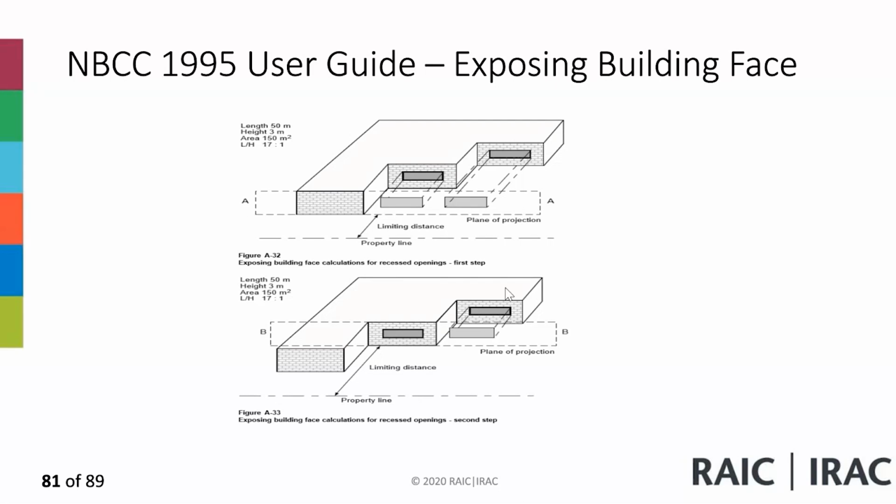So depending on whether your building's floor area is separated into different compartments, and where the locations of the openings are, you can determine to which face you're going to be measuring your limiting distance.